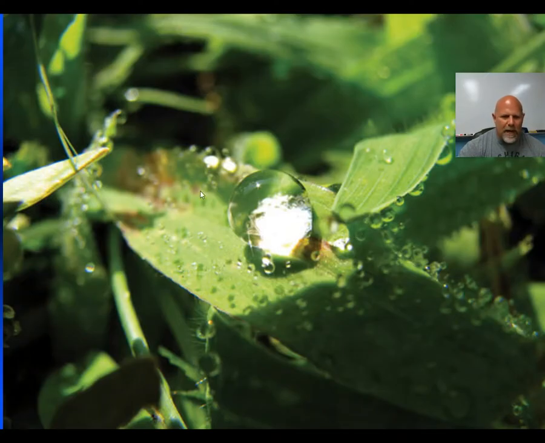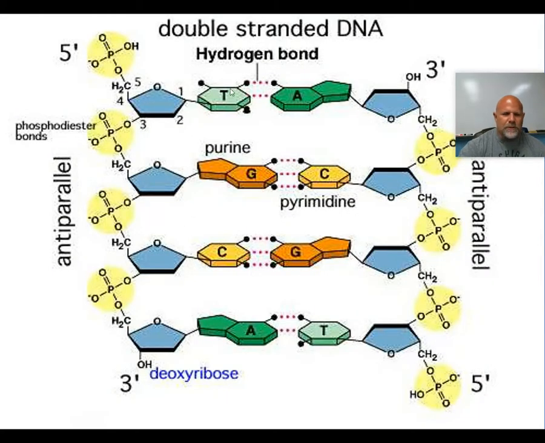What happens because of that is you end up with water beading up on waxy surfaces, and we gave some examples of that when we did our water presentation. We also see hydrogen bonds between the nitrogen bases in DNA. Between A and T there are 2 hydrogen bonds, and between G and C there are 3 hydrogen bonds, and that's what holds our double helix together.